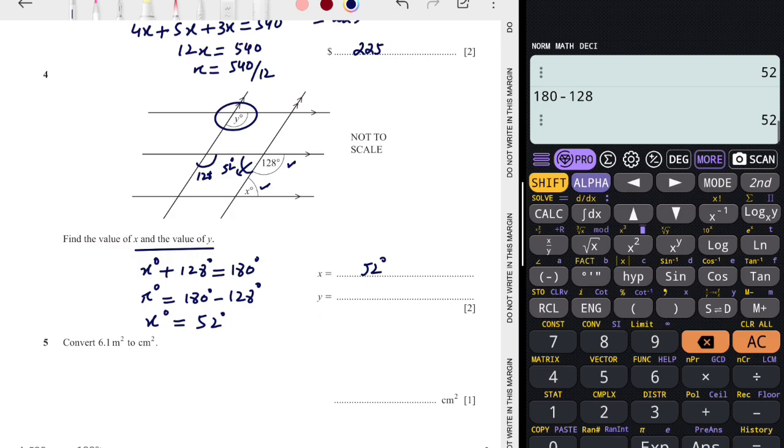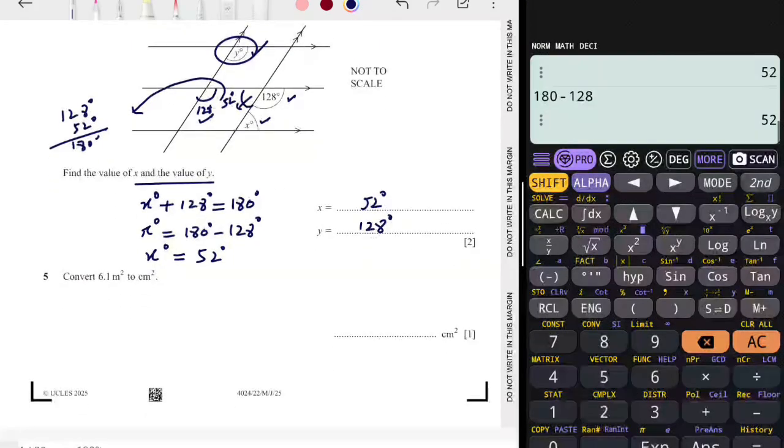If you see the interior angles of parallel lines, the sum is again 180 degrees. So if you add these two angles, the sum is 180 degrees. See angle y and 128, they are corresponding angles. So angle y would be equal to 128. Next question.